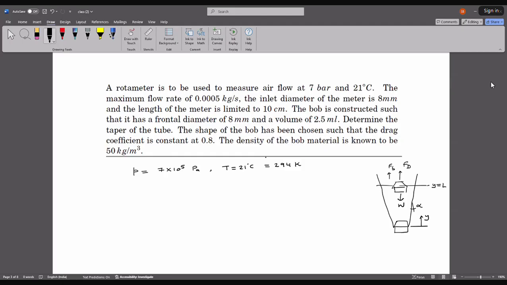The maximum flow rate is given. M dot max is 0.0005 kg per second. The inlet diameter of the rotameter is 8 millimeters. So the diameter here at the bottom, D naught, is 8 millimeter.